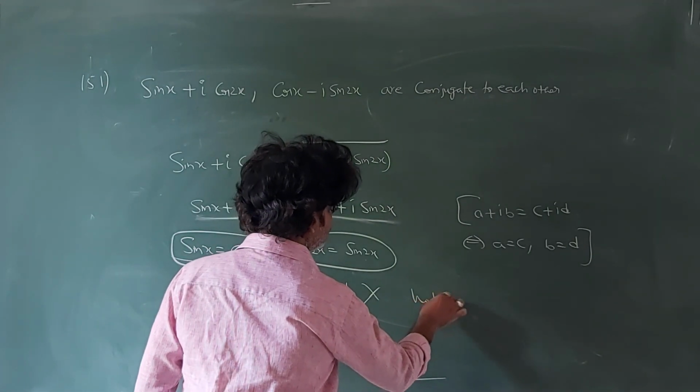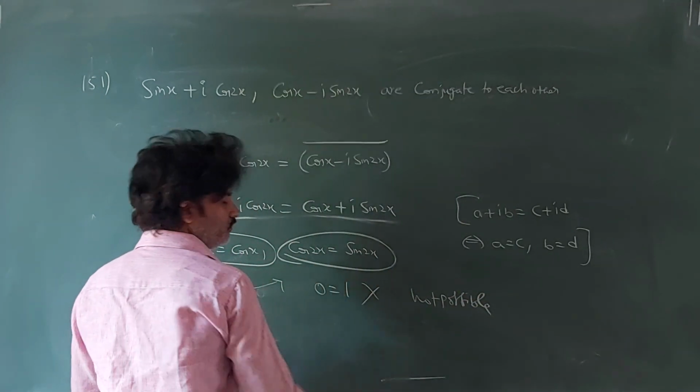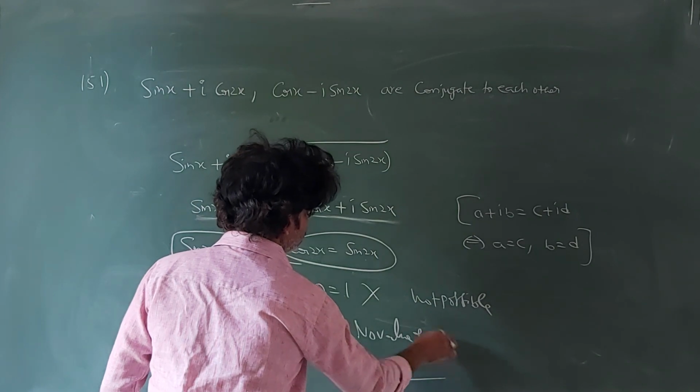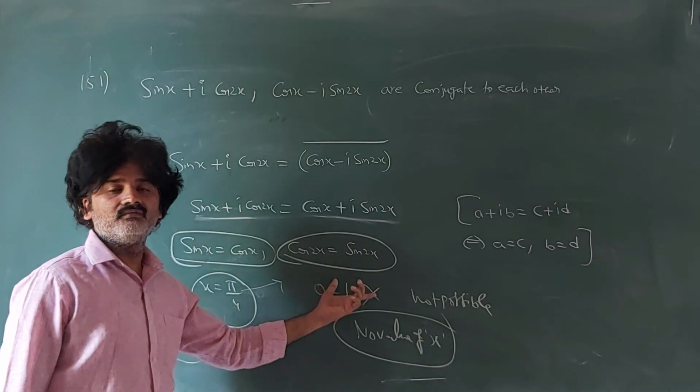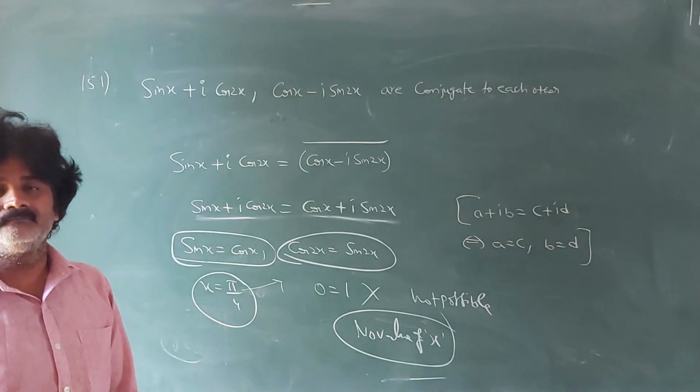So the answer is that both cannot be possible at a time, or we can write: no value of x. For any value of x, these two equations will not be satisfied.